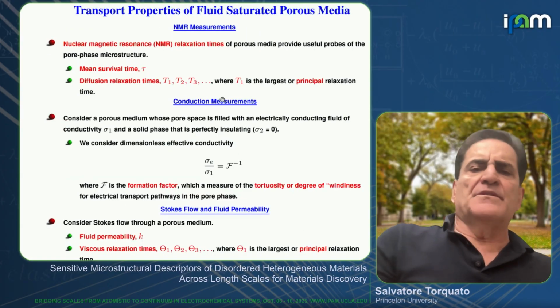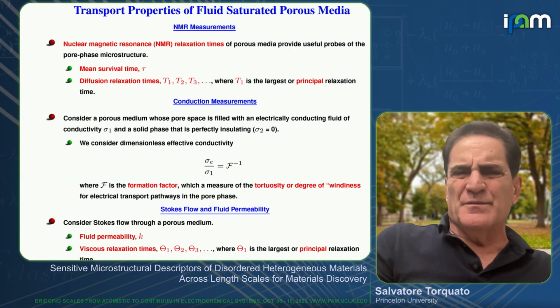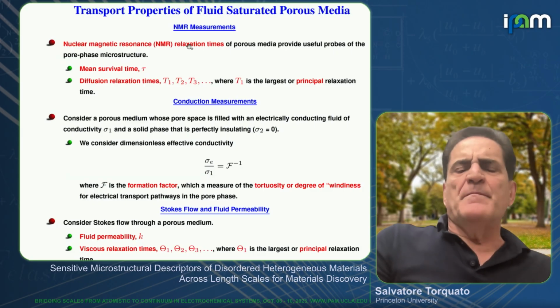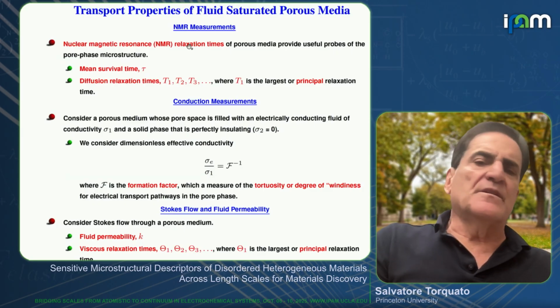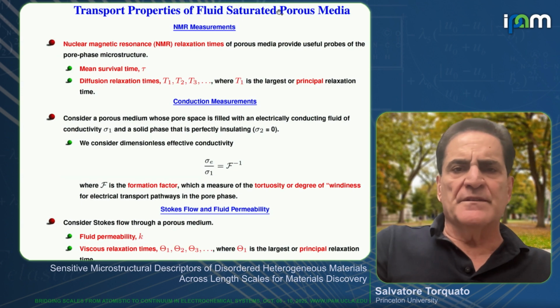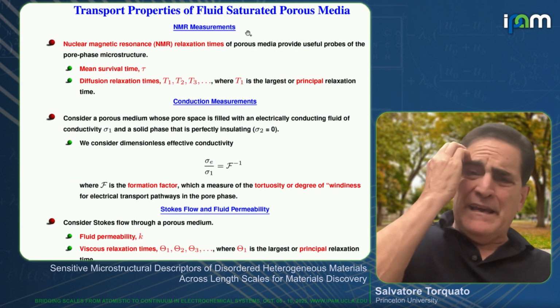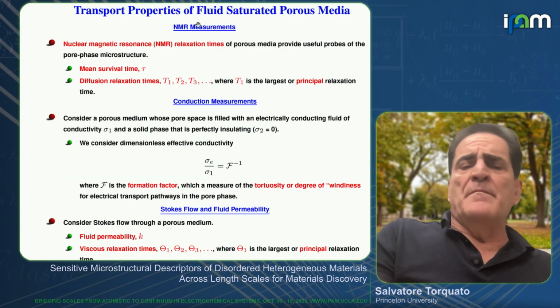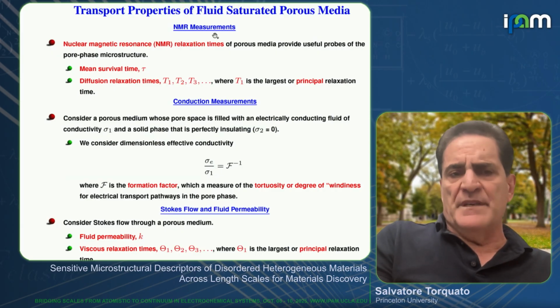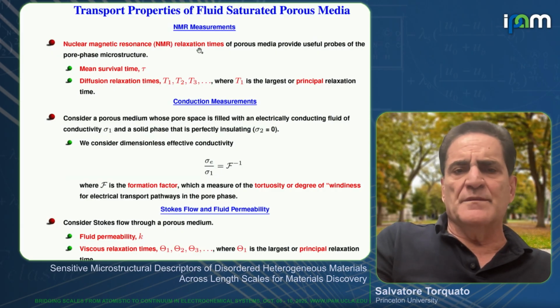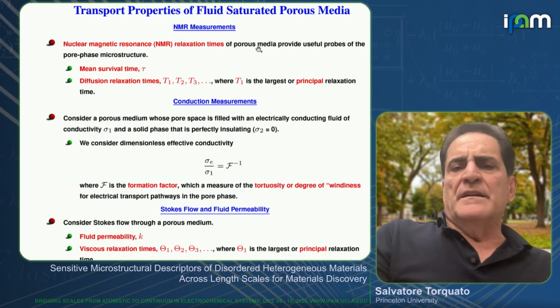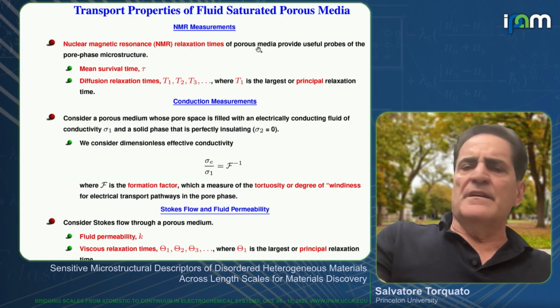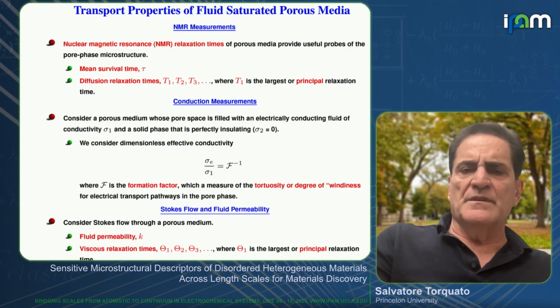Now, in terms of transport properties, I'm going to go through this really quickly. I'm imagining now, for just concreteness, a fluid-saturated porous medium. And I imagine that I'm going to be doing NMR measurements, and in particular, NMR relaxation in porous media, where I'm thinking about the water molecules diffusing around.